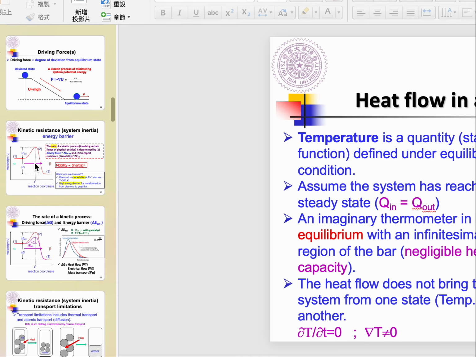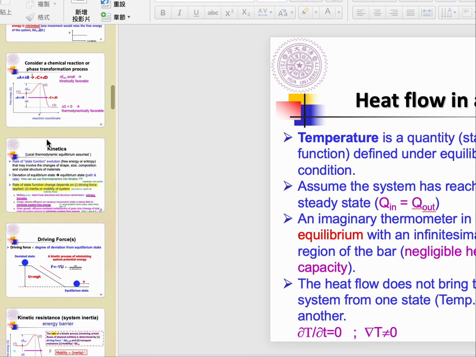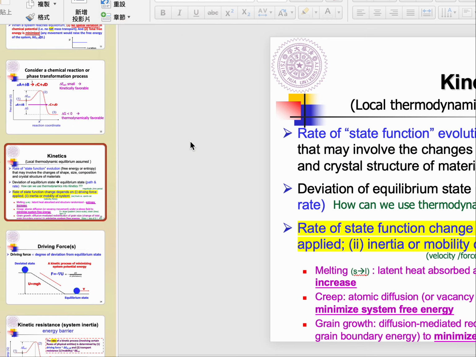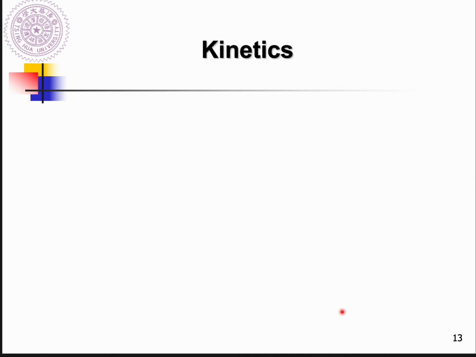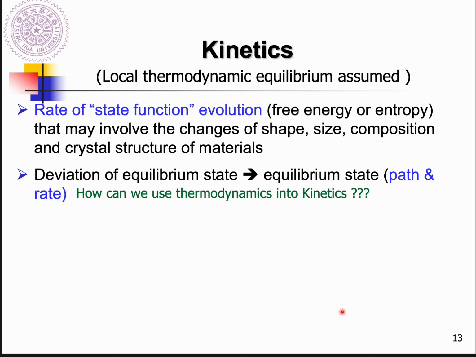Okay, so let's get back to the kinetics. Because we assume local thermodynamic equilibrium in the kinetics process, we can use the energy state function equations we derived from previous slides in the kinetics process.